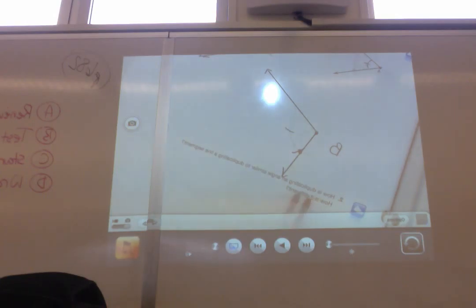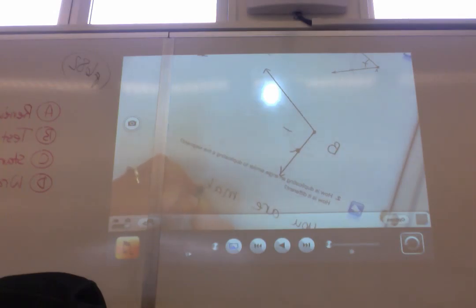Question 2. How is duplicating an angle similar to duplicating a line segment? We're both duplicating. Okay, what does that mean? You're duplicating both. What does duplicate mean? You are making a copy of both.